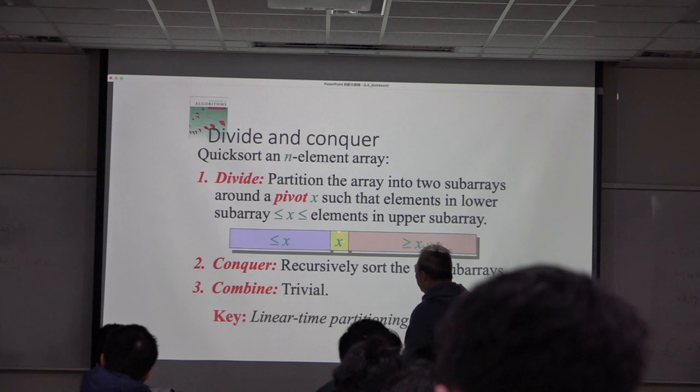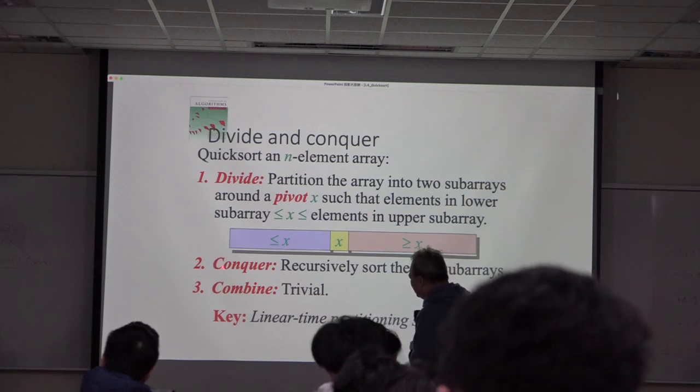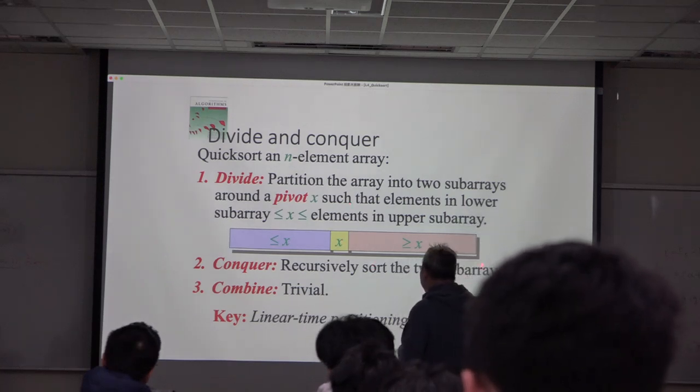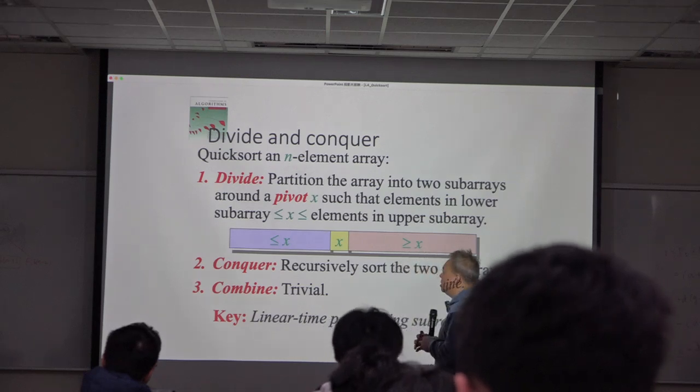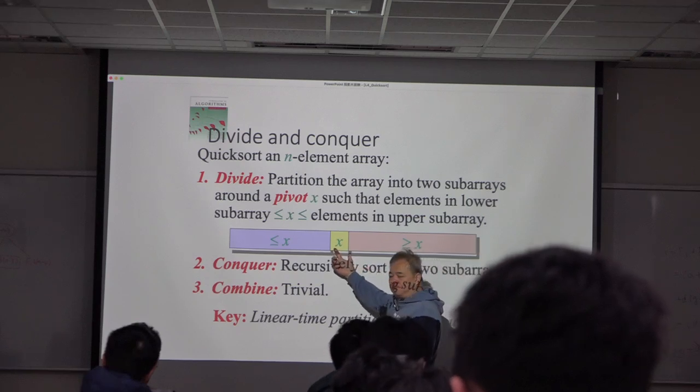This pivot we call x. So x is a special element, we call it pivot, so that the elements on the left-hand side are all smaller or equal to x, and the elements on the right-hand side are all larger or equal to x. So x sits in between.